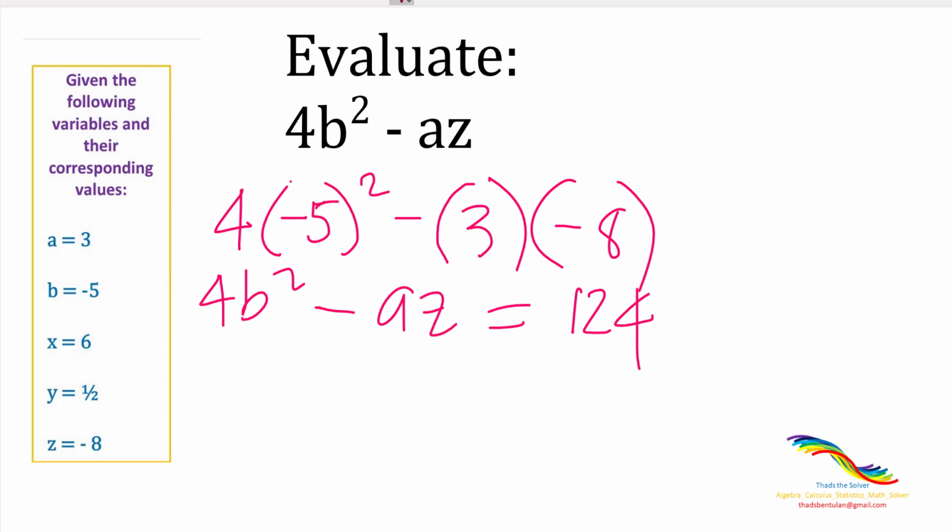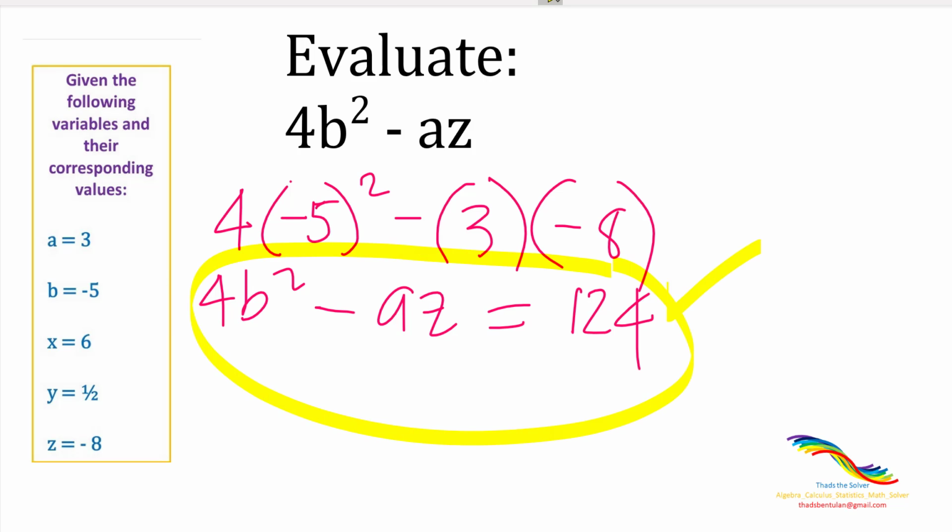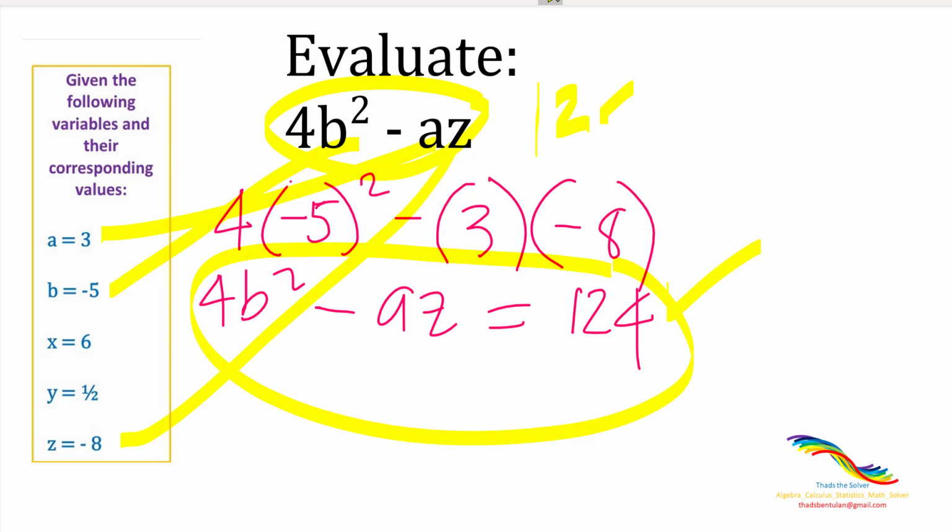And remember, this is the final answer if and only if b equals negative 5, a equals 3, and z equals negative 8. So the value of this expression comes out to be 124.